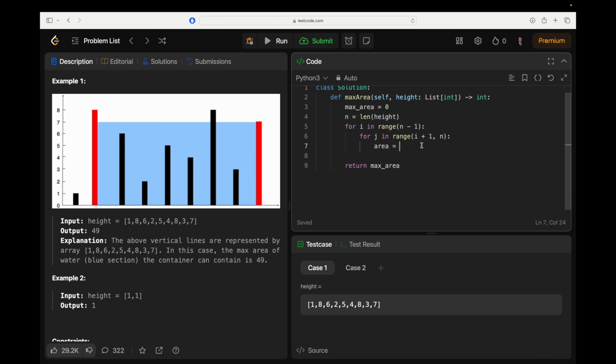It would be j minus i, times, that's the horizontal axis, the length, times min height i, height j.